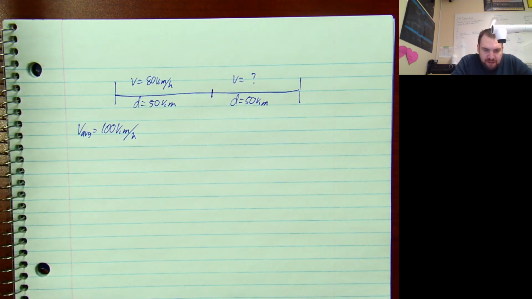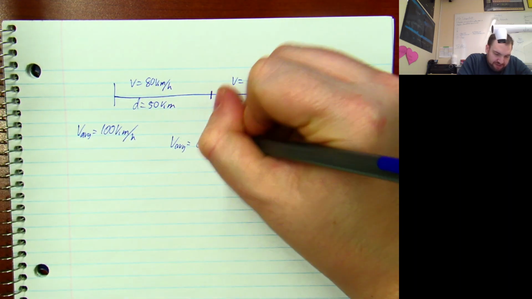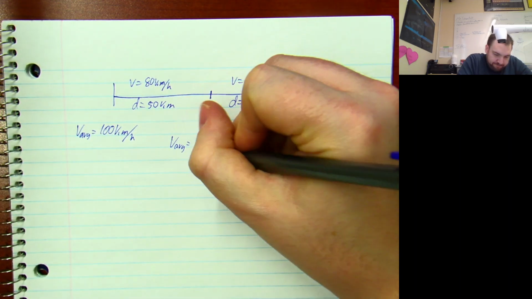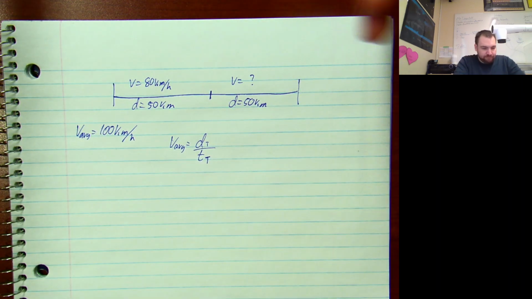Is there anything else we need? I don't think so. So we also know that the average speed is equal to the total distance over the total time.